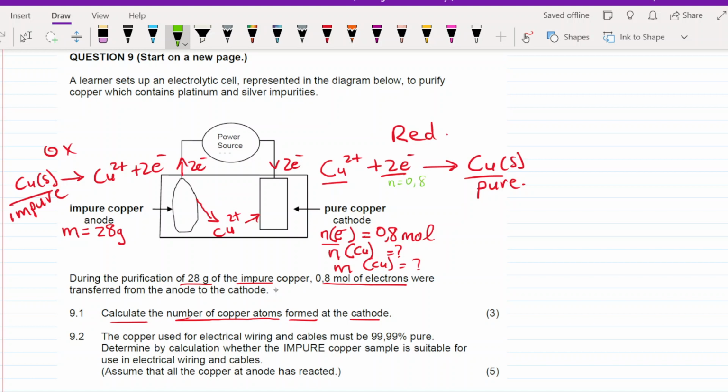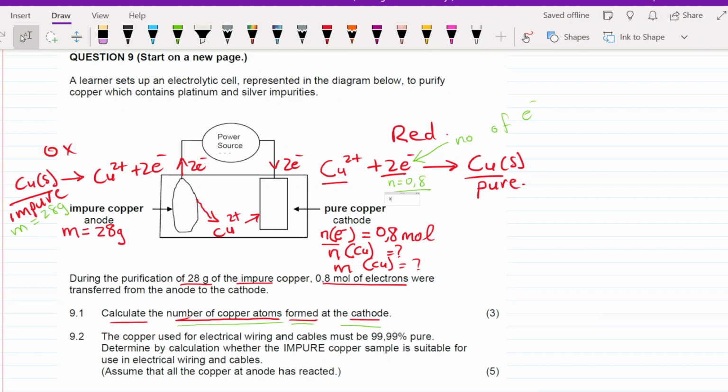Now they are saying calculate the number of copper atoms formed at the cathode. We only know the number of moles.